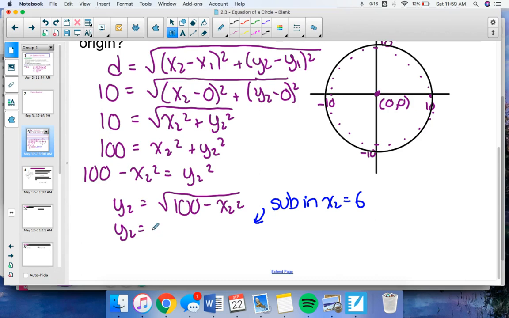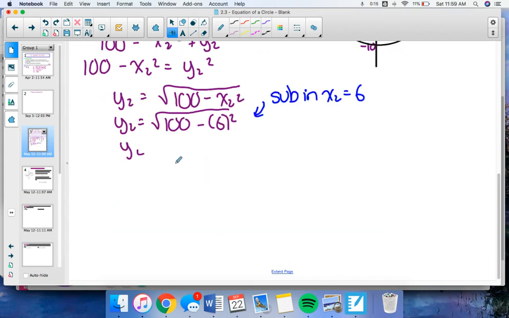So we will get 100 minus 6 squared. Let's move this up. So y2 equals 100 minus 36, 64. And look what I dropped, my squareds. So make sure you don't do that. I don't have you guys with me to yell at me, but I'm glad I caught it.